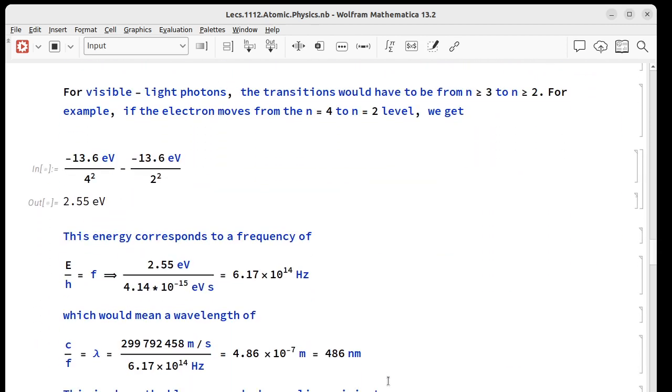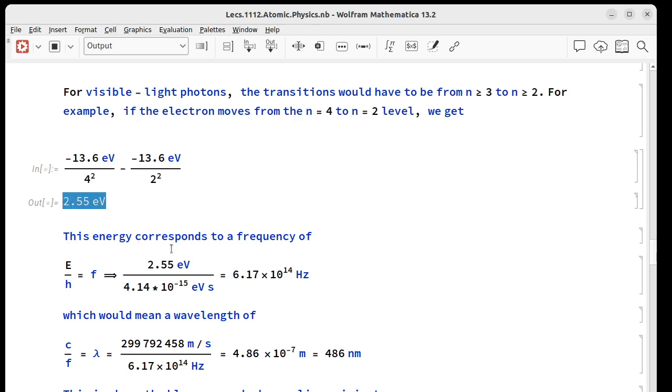For visible light photons, the first place we see those, we see transitions from, say, n equals 3 to n equals 2. That would be our first one. If we want to look at, for example, n equals 4 going to n equals 2, we'd say, okay, there's your initial, there's your final. The difference in those energies is 2.55 eV.